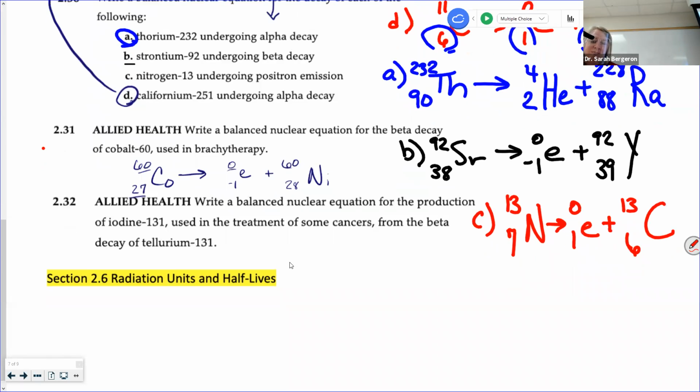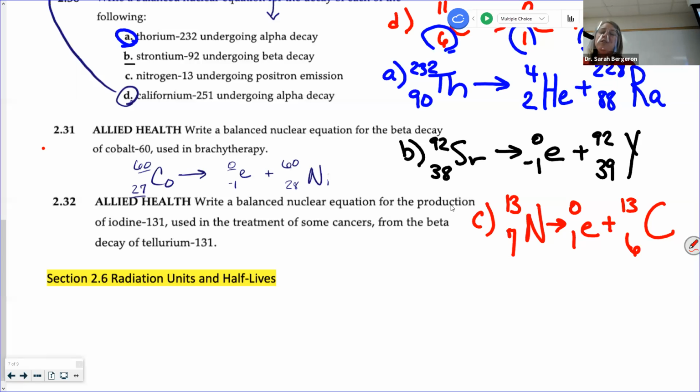All right. Now, these were all decay, right? Decay or emission are the same thing. What happens when we switch and we say production? It's a little bit different, right? So we're going to produce iodine 131, used in the treatment of some cancers, from the beta decay of tellurium 131.